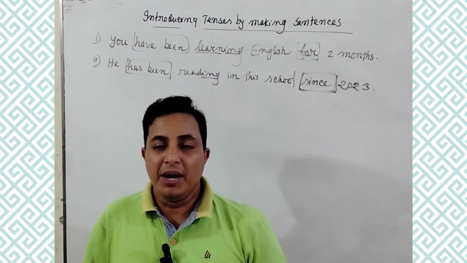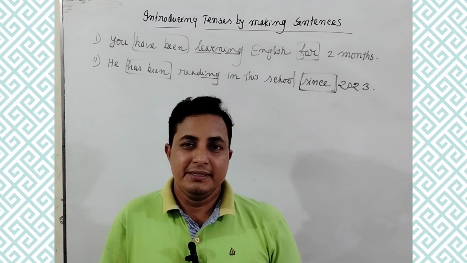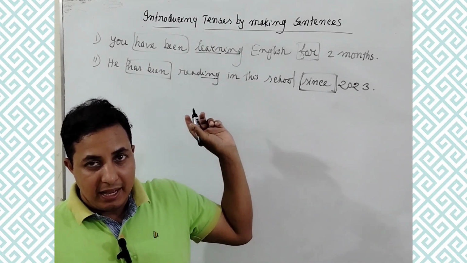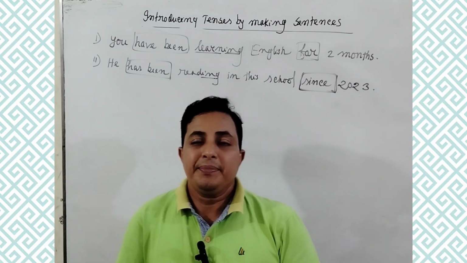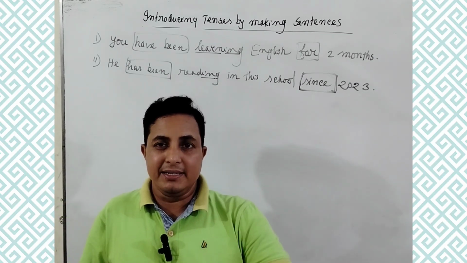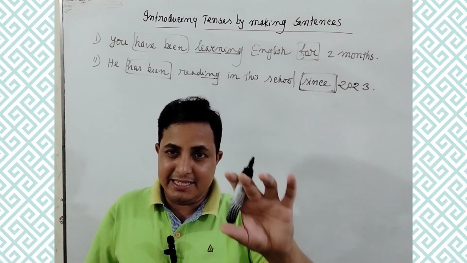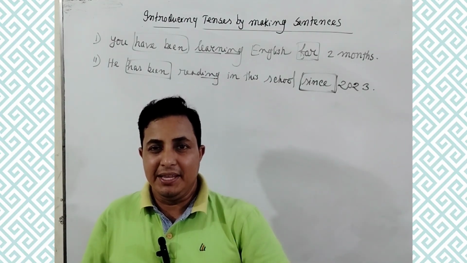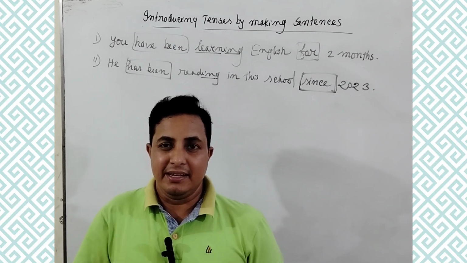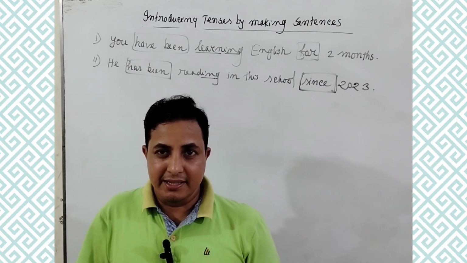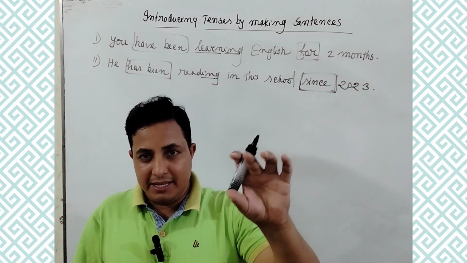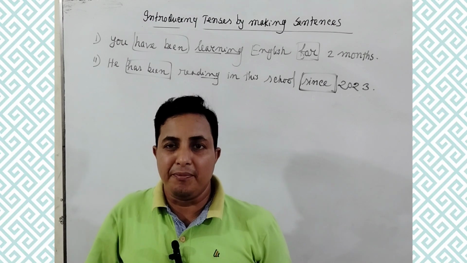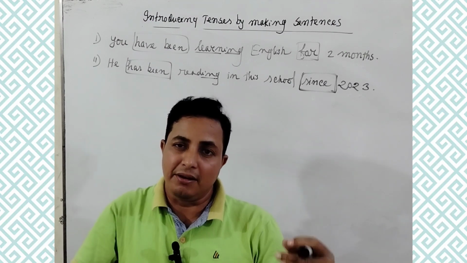How do you identify? Again, I would like to mention, if you don't find an auxiliary verb, and you find a base form verb without s or es added, you can say very easily it is present indefinite tense. And sometimes after am, is, are, if you don't find the ing form of a verb, it is also present indefinite.